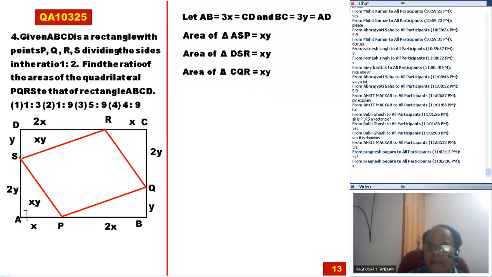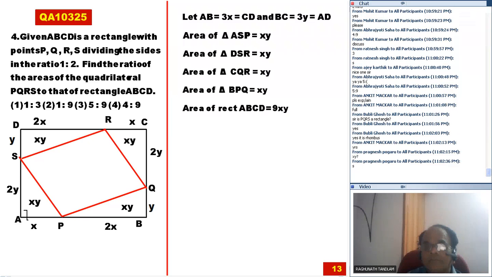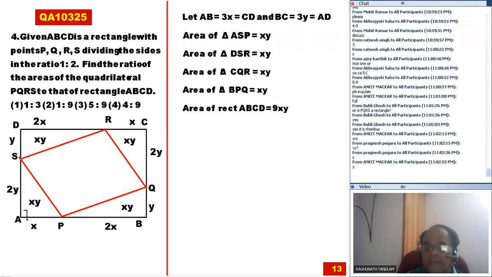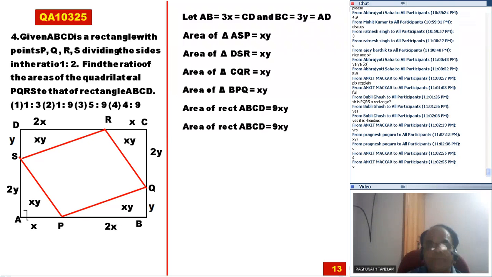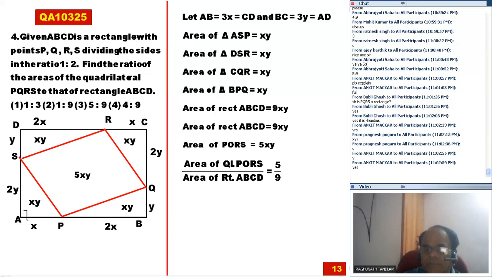Xy is clear to all of you? Now, what's the area of the quadrilateral? ABCD is 9xy. Subtract 4xy, you get 5xy. The answer is 5 by 9. X and y get cancelled, which means what is true for a rectangle is also true for the square here. What is true for the square is true for the rectangle here.